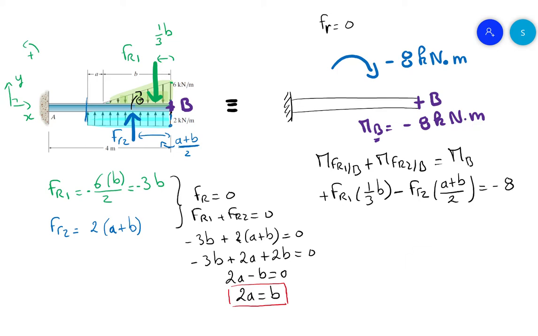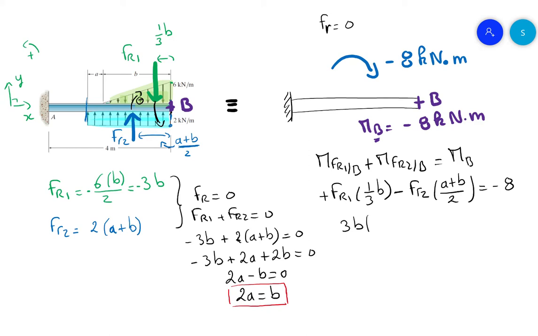Okay, so we have FR1 that is 3B. We don't take into account the minus because it's the rotation that is important, and the rotation of FR1 about the point B is counterclockwise, positive direction.